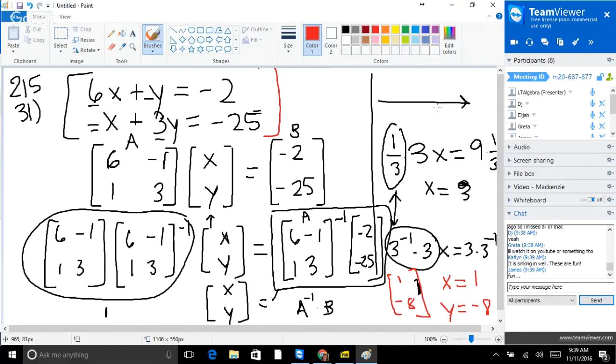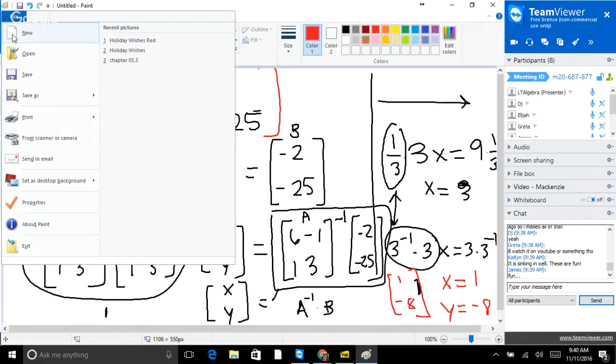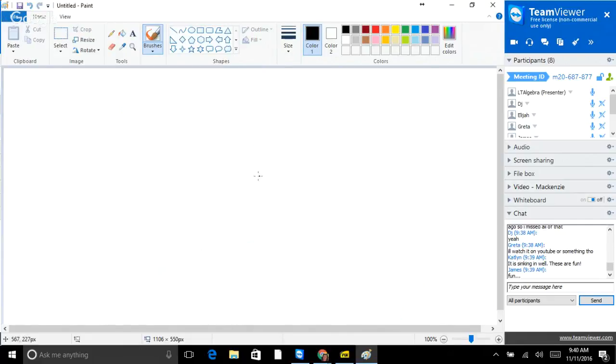All right, I'm going to go to page 182, and we are going to do problem number 17. But instead of taking an entire page of paper to do it, we're going to try to use matrices to solve this.